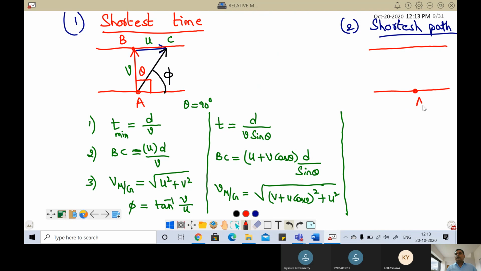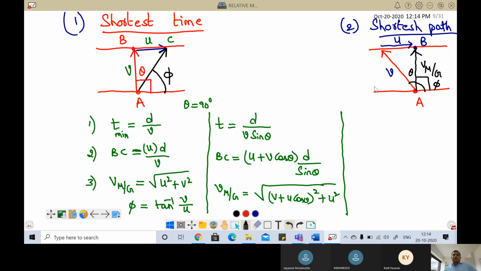You have to travel from point A towards the left side like this. This is called the river velocity. This is called point B. This is called U. This is called V. And this is the velocity of man with respect to ground. This entire angle is called theta. This angle is called phi.